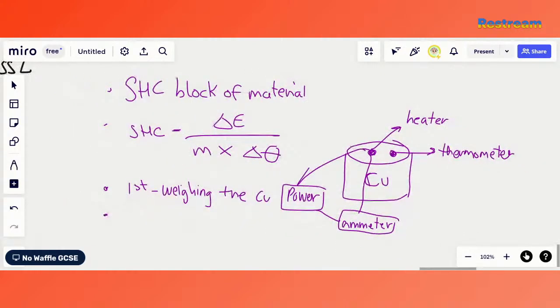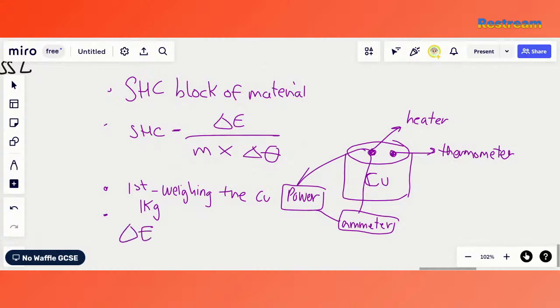Now, normally your teacher might tell you just how much it is. It might just be 1 kilogram, or you may have to weigh it. And then you're going to wrap this in an insulating layer to reduce the energy transferred, because you want the amount of energy being transferred to be calculated as accurately as possible.